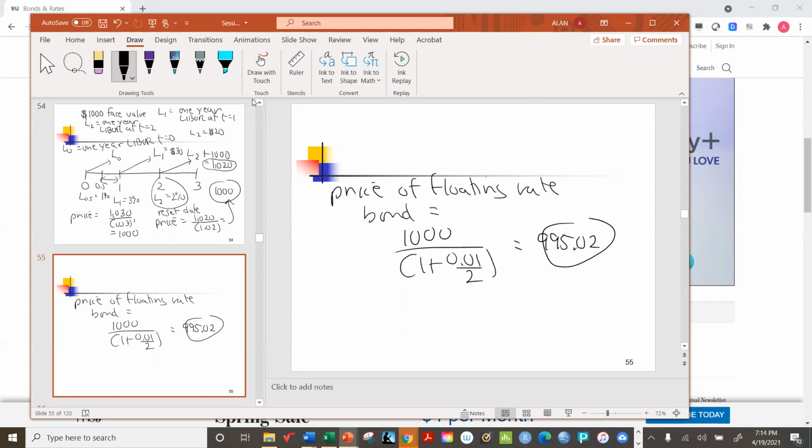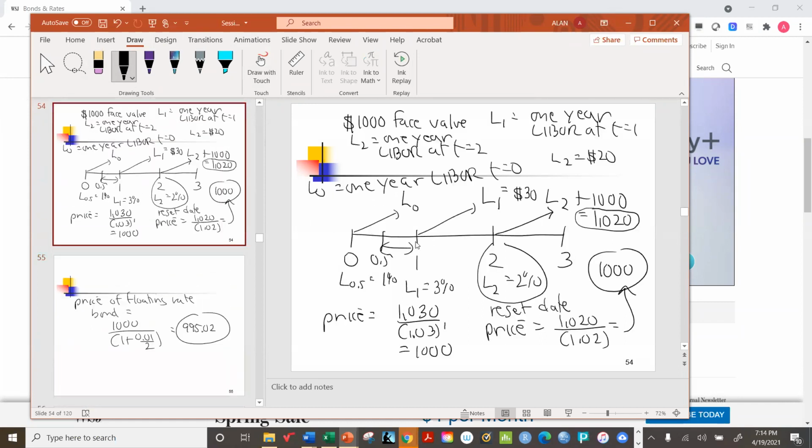Okay, so this is a hugely advantageous way of calculating the price of a floating rate bond, given that we don't actually know what all the future cash flows are. So this is how we work around that little problem. So wherever we are on that timeline, we can still figure out the price of the floating rate bond by simply looking ahead to see where the next reset date is and recognizing that the price will be $1,000 on that date.